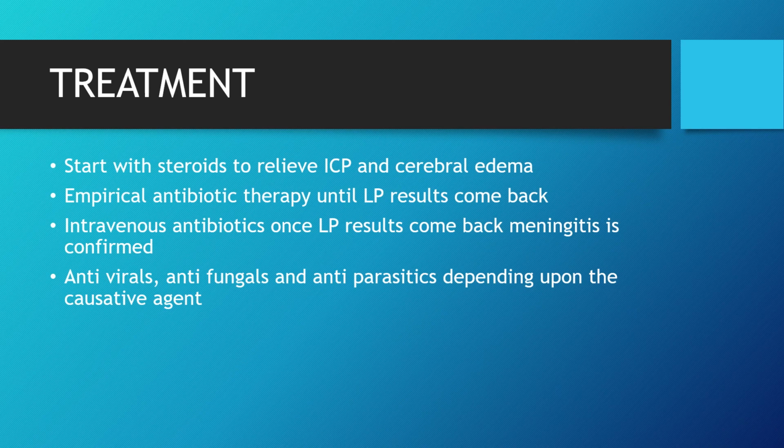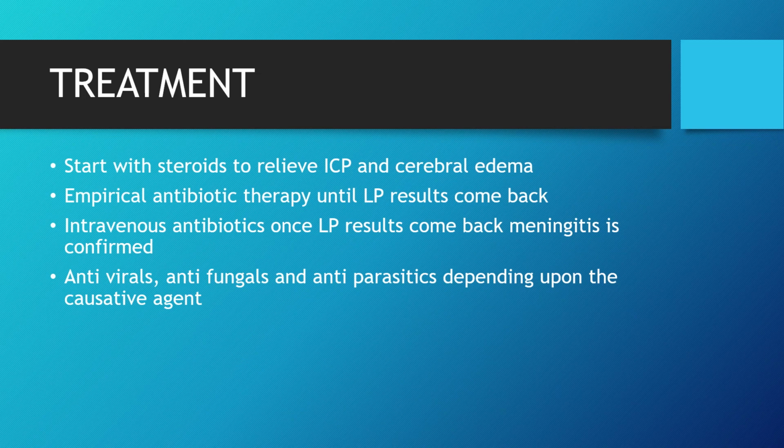Once you've done that, you'll start the patient on empirical antibiotic therapy, because we can't wait for the lumbar puncture results to come back. Acute bacterial meningitis almost always presents as a medical emergency, which means that as soon as you perform the lumbar puncture, you will start the patient on empirical antibiotic therapy on the assumption that the patient might be suffering from bacterial meningitis.